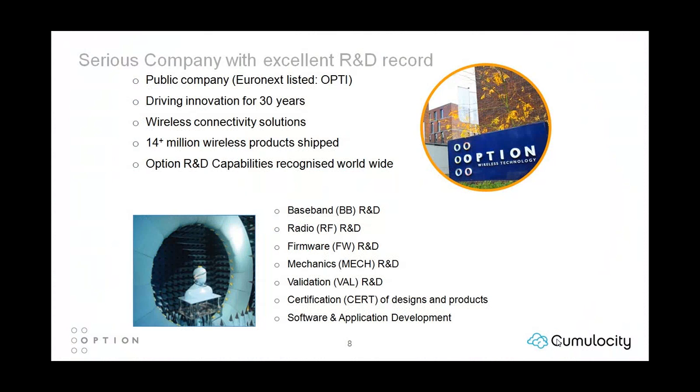We really have probably one of the strongest track records in wireless in Europe, and we are recognized for our development capabilities worldwide. In the field of all the skills you need to make great gateways and associated devices, you see there a list where we are really outstanding, and also deliver custom-made designs and specific products.